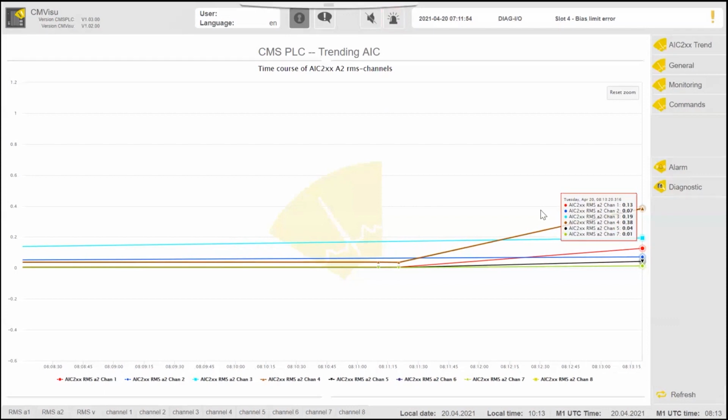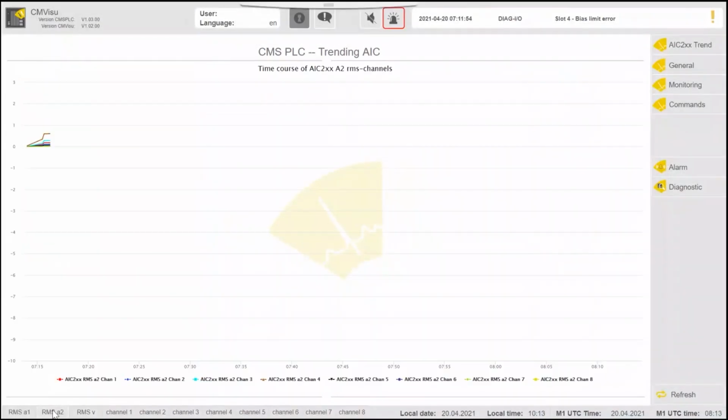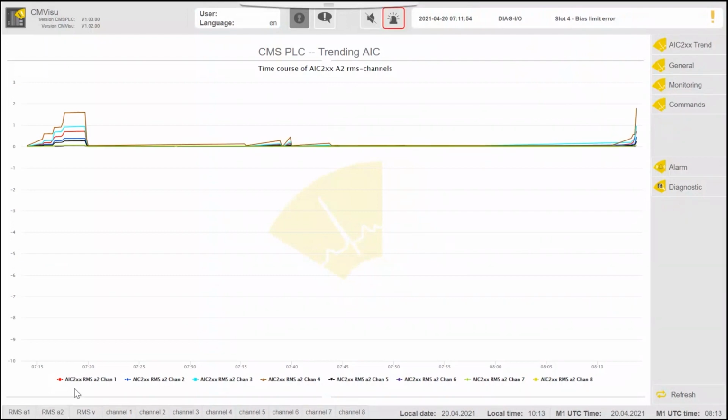Then if I take the speed up a little, it gets a little bit noisy, I'm afraid. I hope you can still hear me. But we can see now we have more data points coming in, and we've got a higher vibration level because the machine's running at a higher speed.